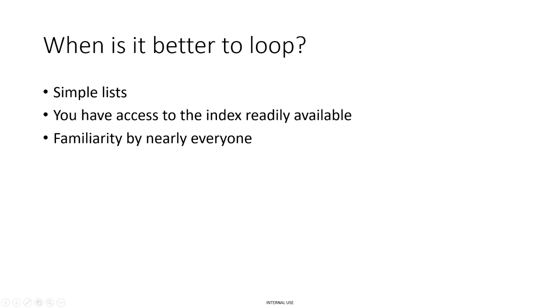And if it's team convention to just loop this way, maybe just stick to this. But if you have large, complex data sets and you want to implement the iteration in a certain way, then go ahead and use an iterator. So that's kind of the best time to use or not to use an iterator.